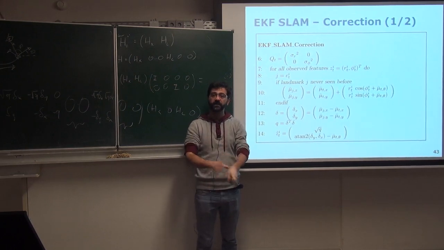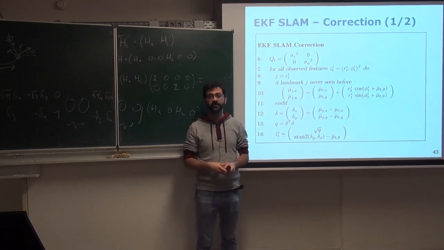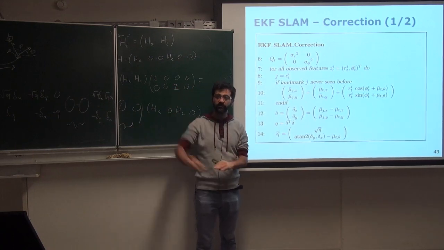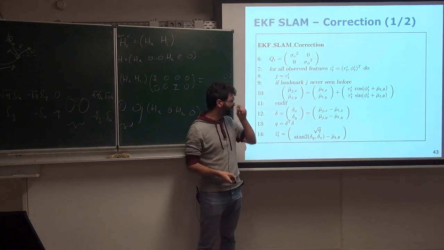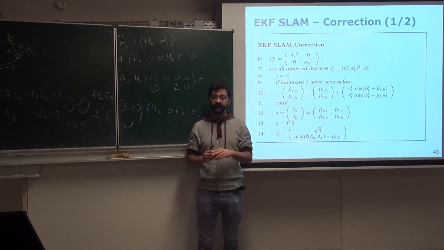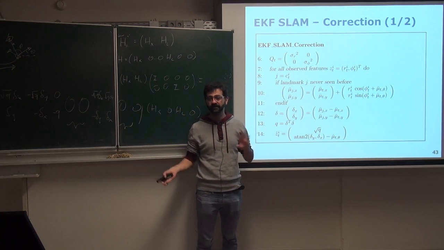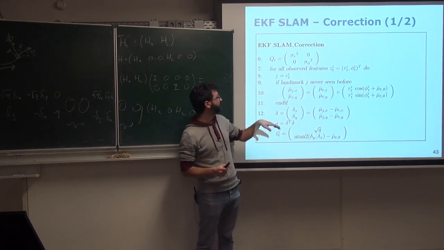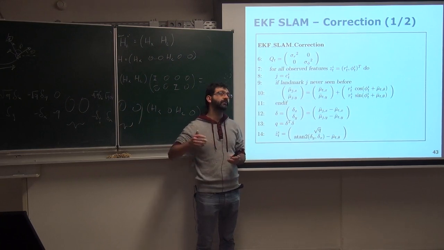You can do two things. You can consider them independently, or you can consider them all at once. In principle, it doesn't make much of a difference if the measurements are actually independent. It does if they're not, and it also does if you don't have known data associations.